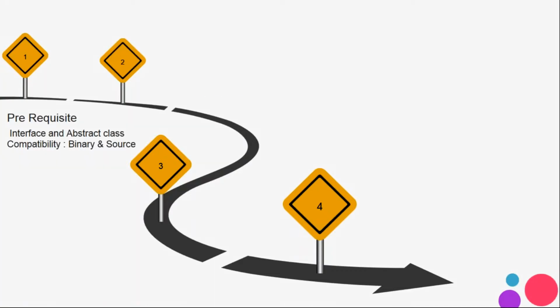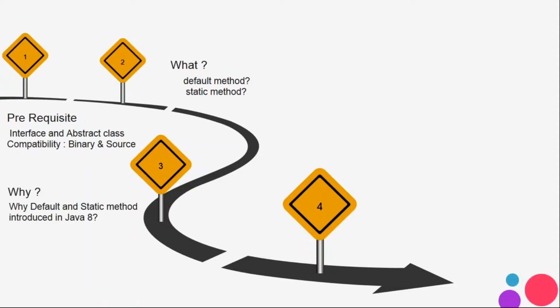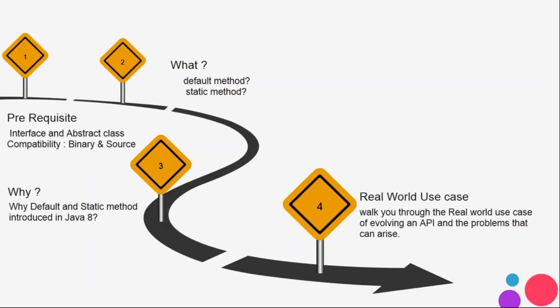The second thing I will cover in this session is the what type of questions, like what is a default method and what is a static method. That would certainly be covered. And again the why questions: why were default and static methods introduced in Java 8, and what are the needs to introduce these kinds of methods in Java 8.